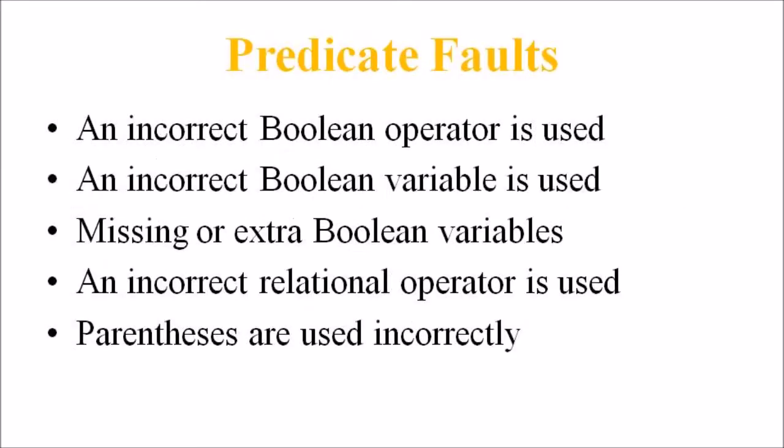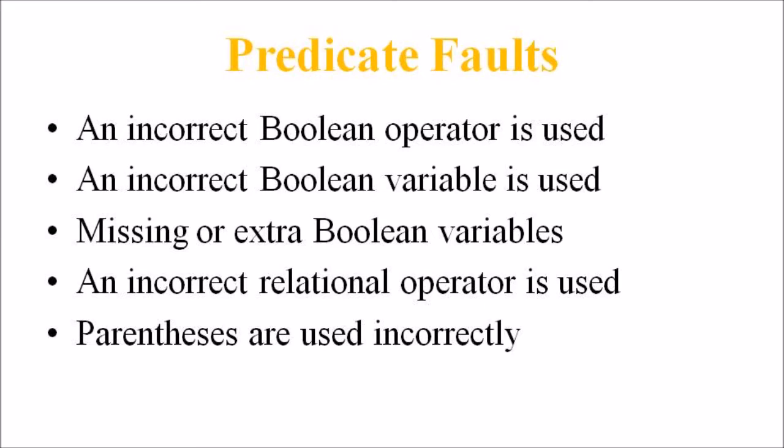Another thing we have to think about is when and where the predicate faults will occur. The predicates may result in a fault condition when an incorrect Boolean operator is used. Secondly, an incorrect Boolean variable is used, or missing or extra Boolean variables are added to the predicates.